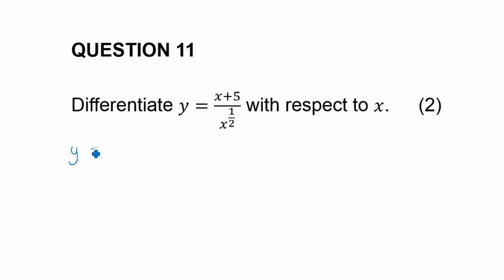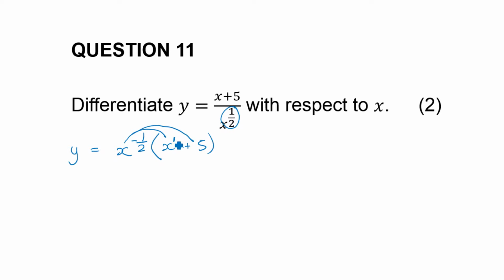We're going to have y equals to, from one of the earlier examples, you know that when you are in the denominator, you can put it into the numerator by making it negative. So it's going to be x to the power of minus 1 over 2 multiplied by your numerator, x plus 5. Okay, then we are going to multiply in.